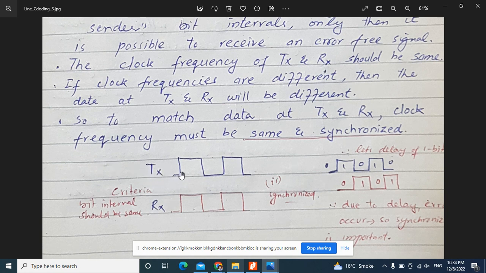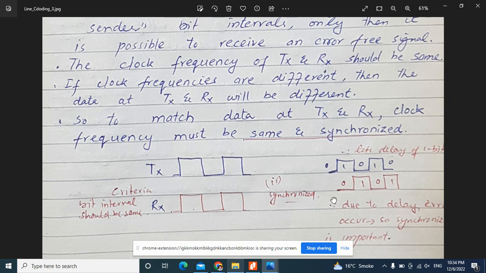At the transmission side you have 1 and 0, 1 and 0, and on the receiving side at the same time you have 1 and 0, 1 and 0. So the first criterion is that the bit interval should be the same.